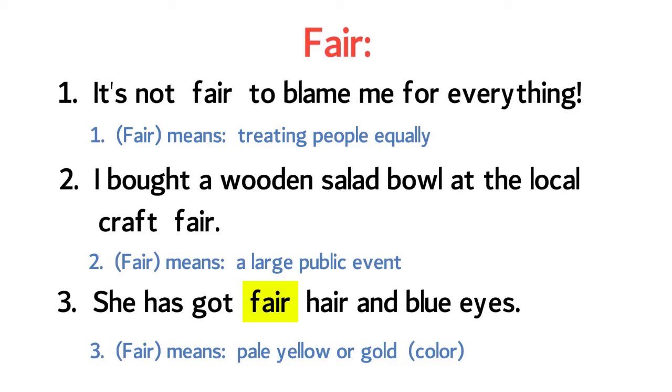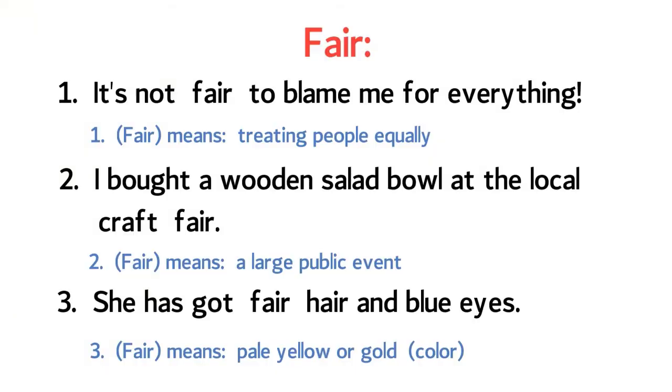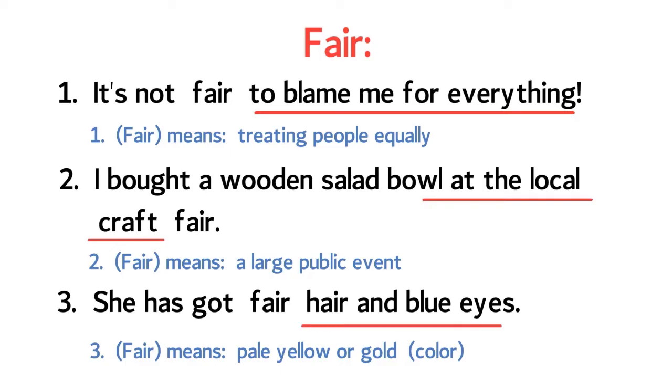And in the third one, fair means pale yellow or gold. Notice that most of them are done on women who've got fair hair or even white or silver hair. So you see that in 3 different sentences, the same word has 3 different meanings. And that is why it's very important to see the word in context and to see how the word is being used in different sentences.